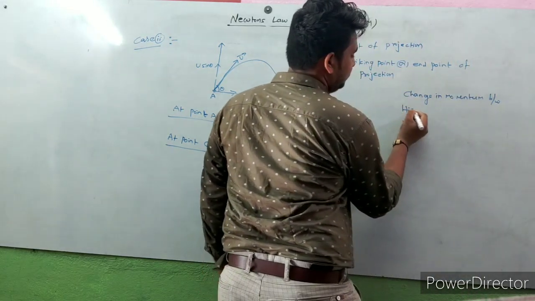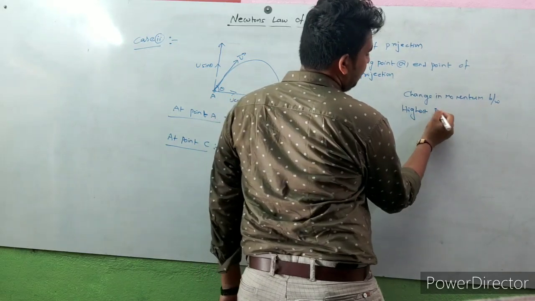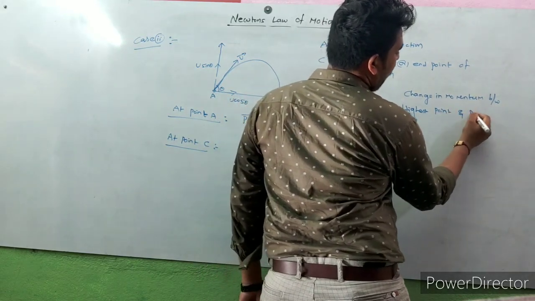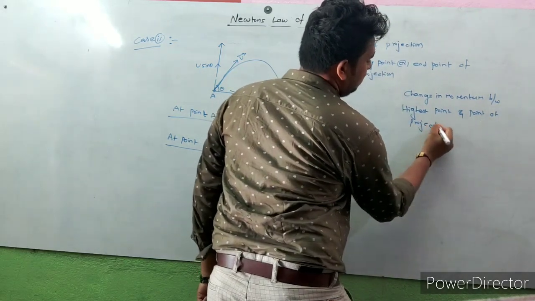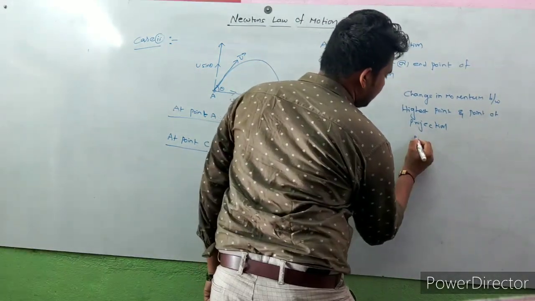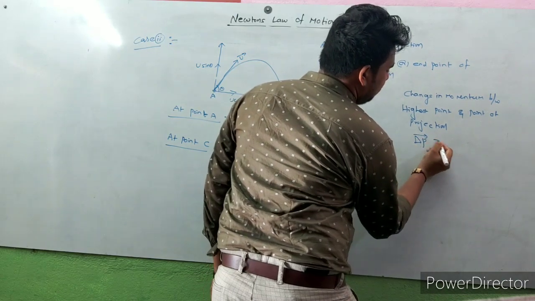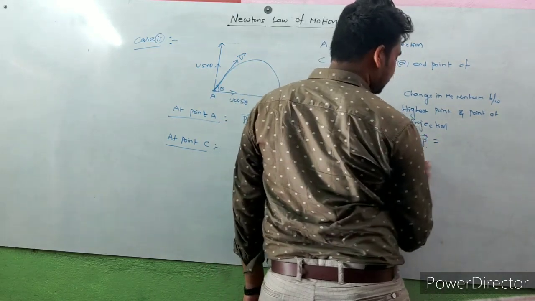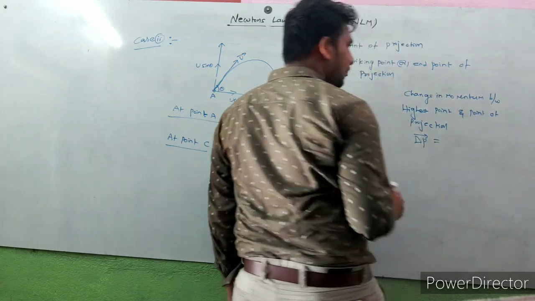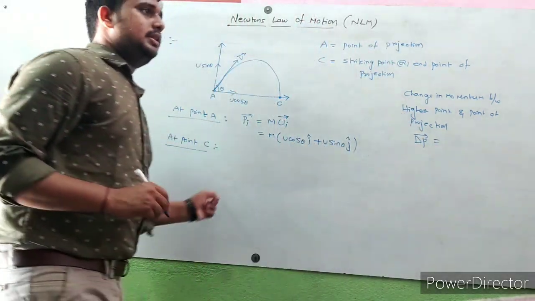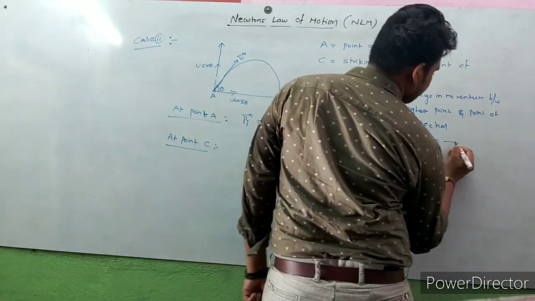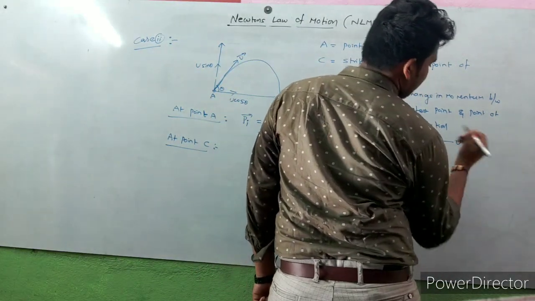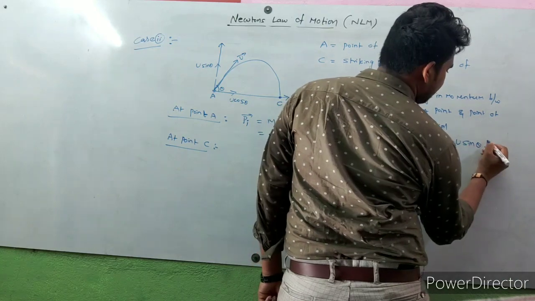You consider delta p bar is equal to, what we got here, u cos theta, which is going to be cancelled, finally you got minus u sin theta j cap.